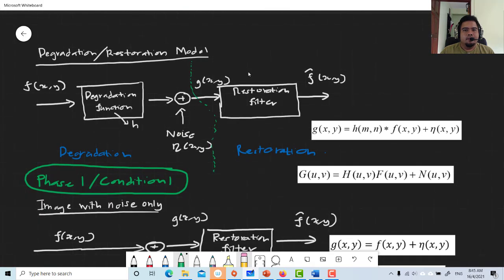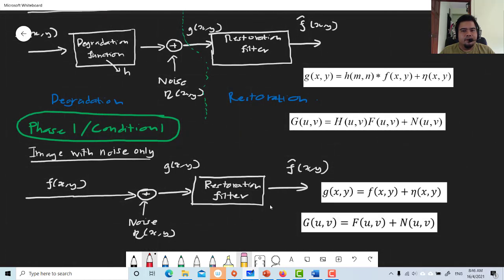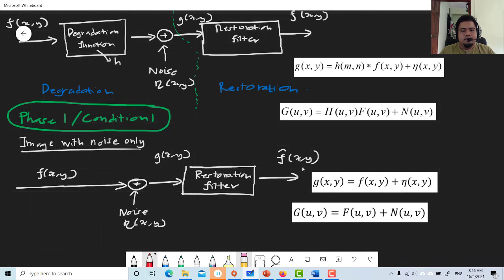Once you cancel this block in condition 1, the block can be simplified like this. If you write the equation, the degraded image G is now only equal to F plus eta, which represents the noise.